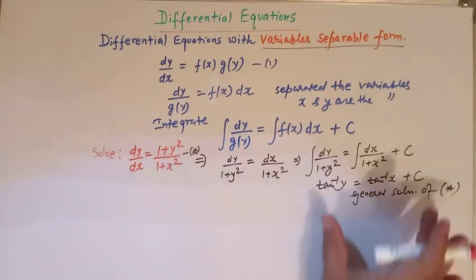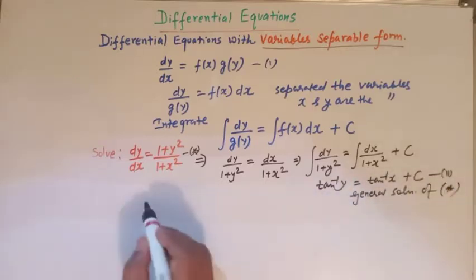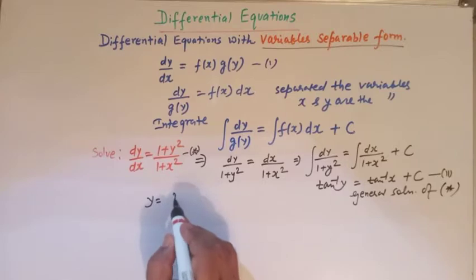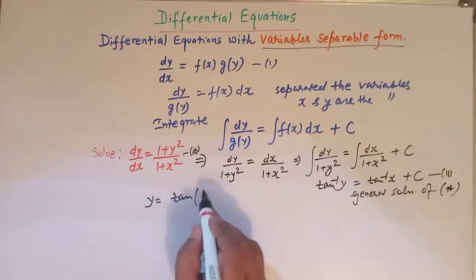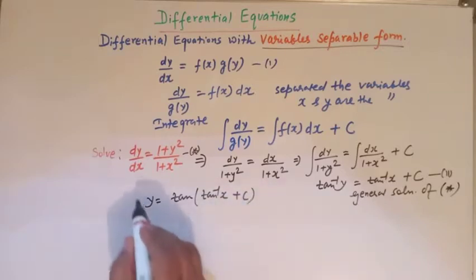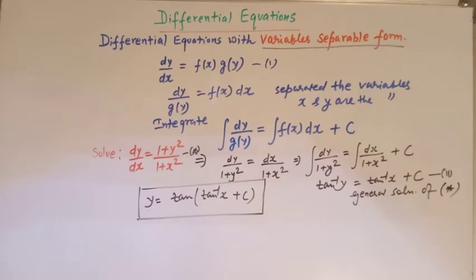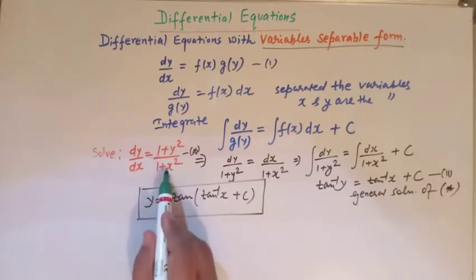Clear? Now this solution can also be written like this, y equal to tan of tan inverse of x plus c. Clear? So this is the required general solution of this equation. Clear?